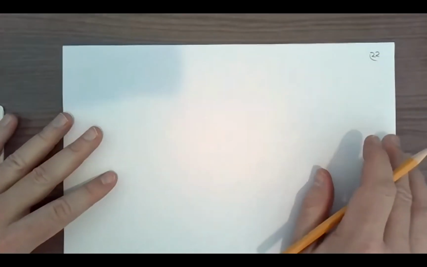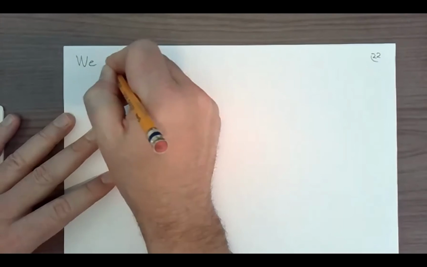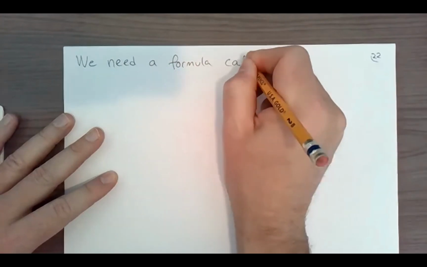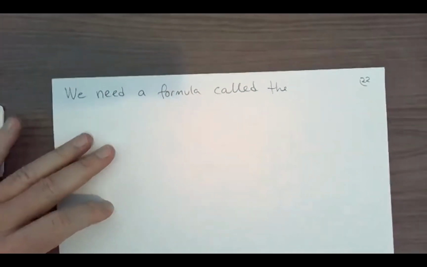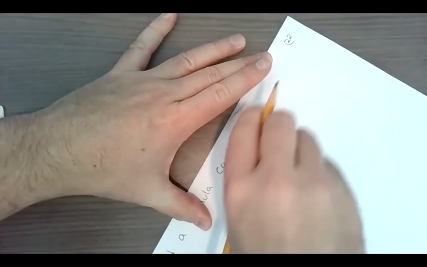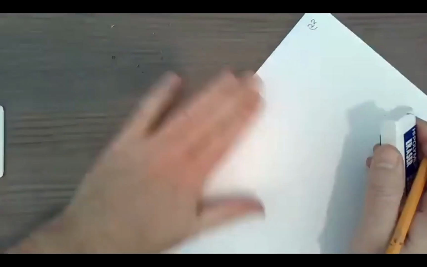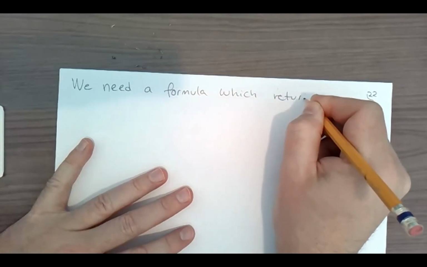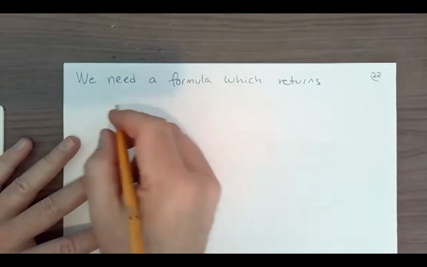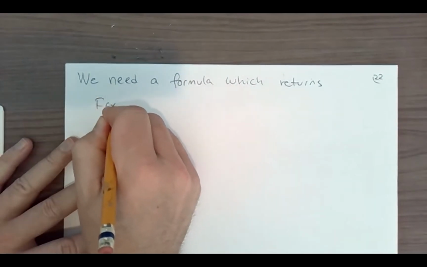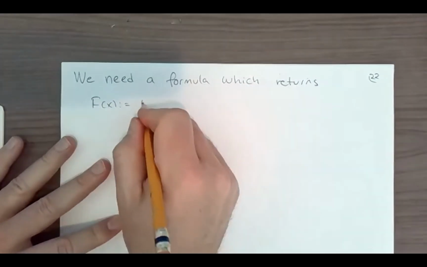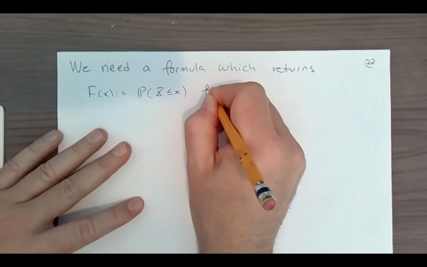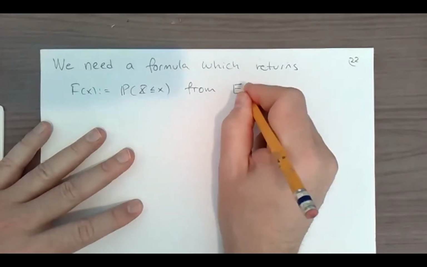So what we need is a formula which returns the distribution function from the characteristic function.